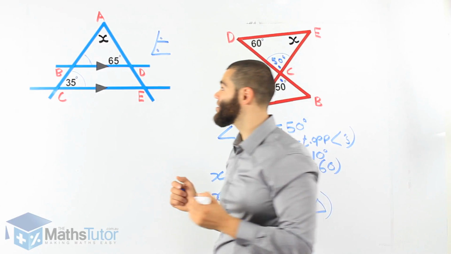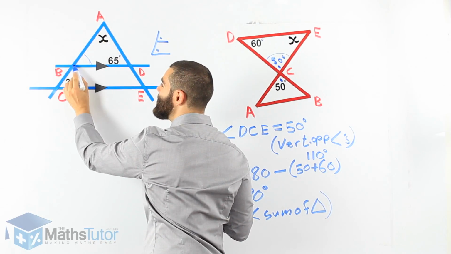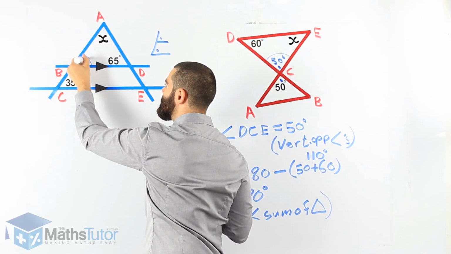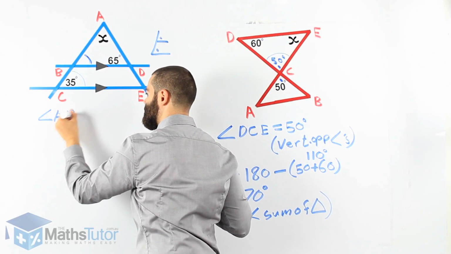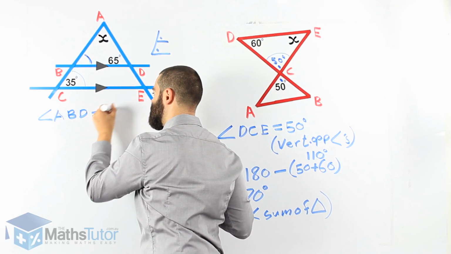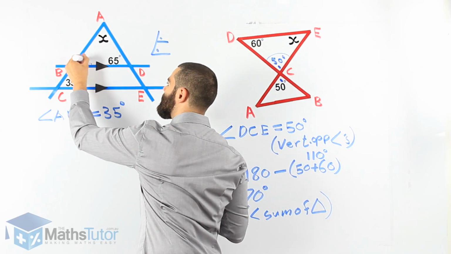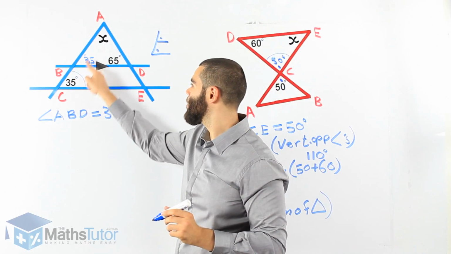They have the same size. So that means angle ABD, this angle here, equals 35 degrees. This is 35 in there, because they are corresponding.